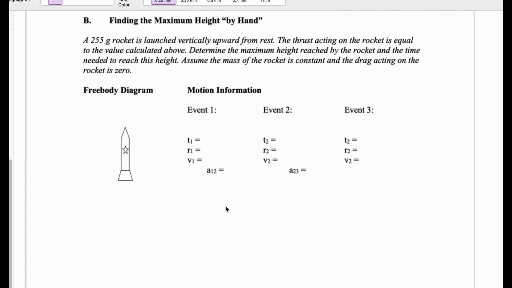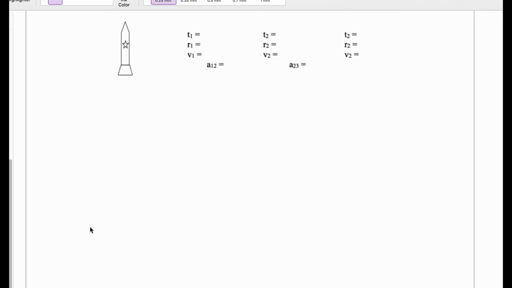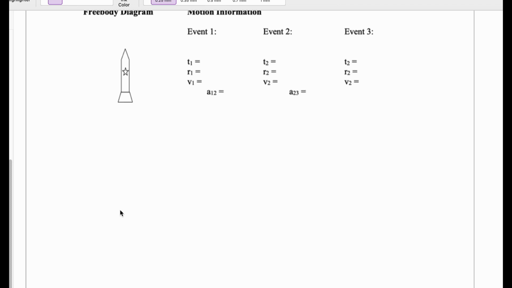I'm going to say that at first we're going to have the rocket at rest on the ground, and it's going to start to feel an upward force, which I'll call F bar of thrust.